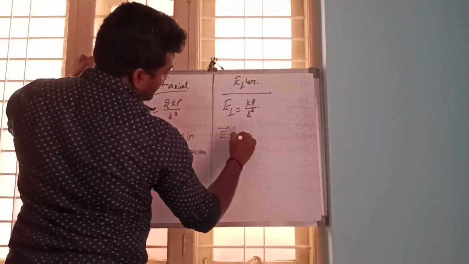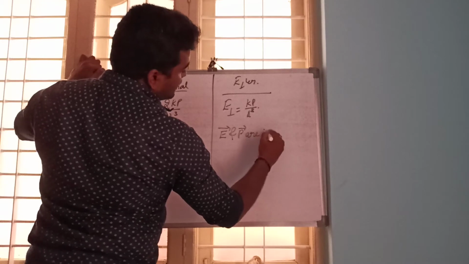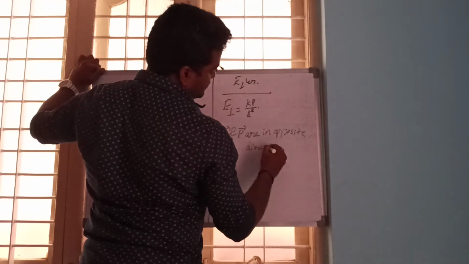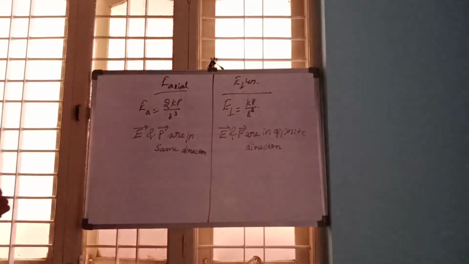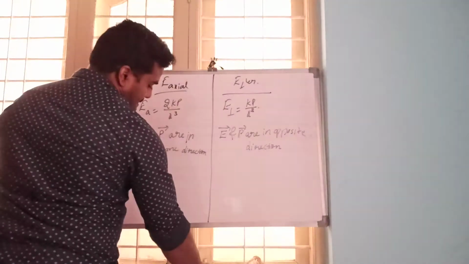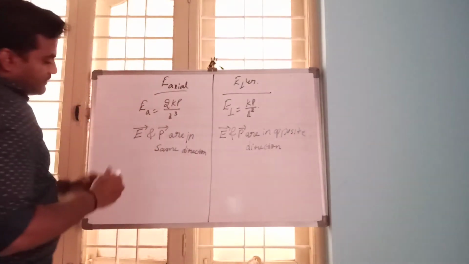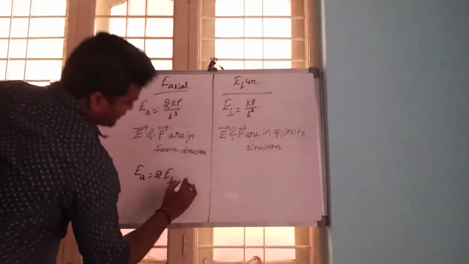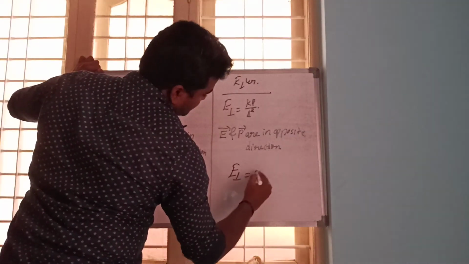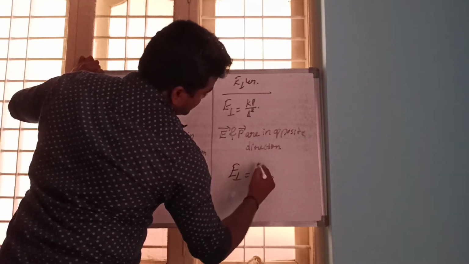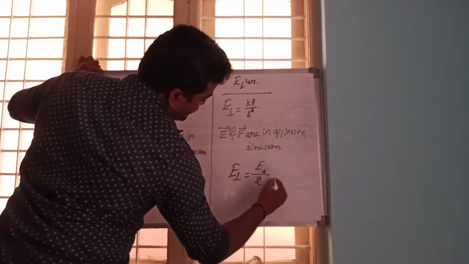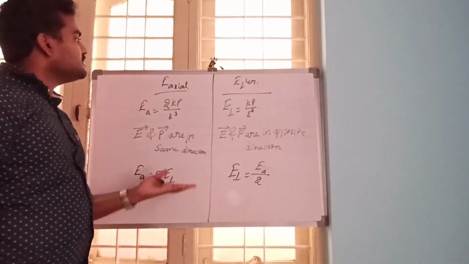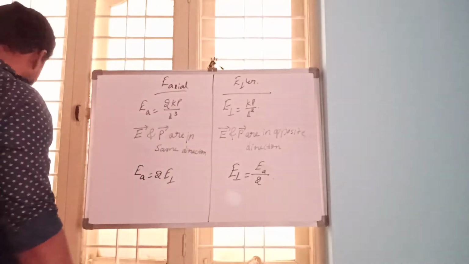E bar and P bar are in opposite directions for the perpendicular case. And E axial equals 2 times E perpendicular, so E perpendicular equals E axial upon 2. So these are the things where we can understand the E axial and E perpendicular.